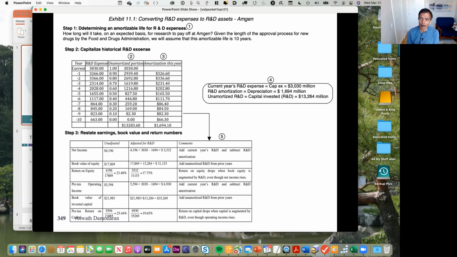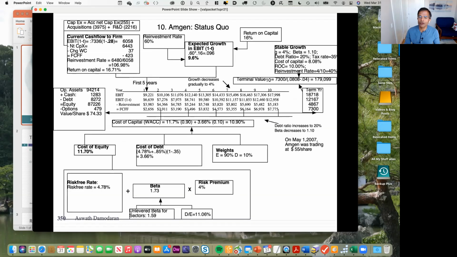But don't forget the end game here. The end game is to value these companies. So I actually valued Amgen with my corrected numbers. I felt that was the right thing to do. So I used my corrected operating income, my corrected return on capital, my corrected reinvestment rate with R&D treated as CapEx, and the value per share that I got for Amgen with the corrected numbers was about 74.